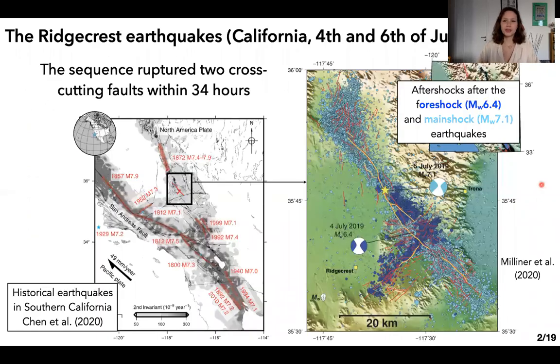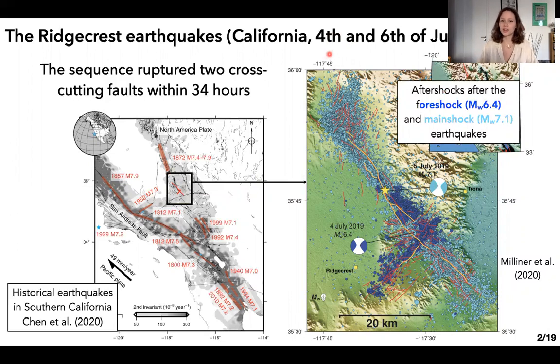The Ridgecrest earthquake occurred in July 2019 in Southern California. It is located east of the San Andreas Fault and just a few kilometers north of the Garlock Fault. There are no historical earthquakes on the Garlock Fault, so it raises the issue of potential seismic hazard in Southern California. The sequence is composed of two earthquakes. You have a foreshock of magnitude 6.4 that occurred on the 4th of July.